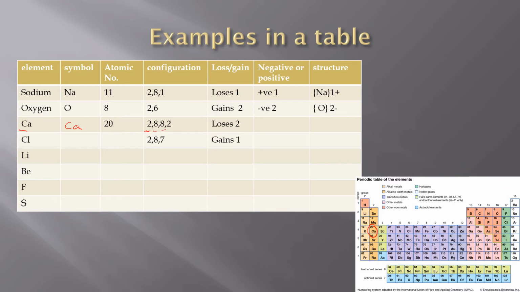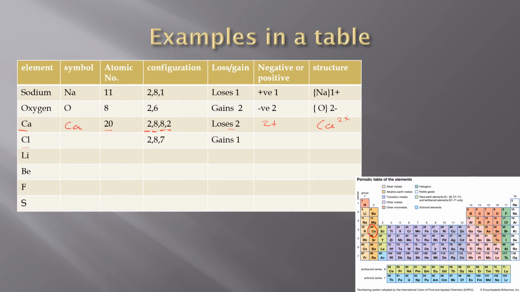So 2 plus 8 is 10, plus another 8 is 18, but I need to get to 20, so I have 2 in my outer shell. That means we will lose 2. If we lose 2 electrons, we're going to have a 2 positive charge, and the actual ion will look like this. If you go back and look at your reactivity series that we looked at a couple of videos ago, you'll see why calcium was written that way when it became an ion.